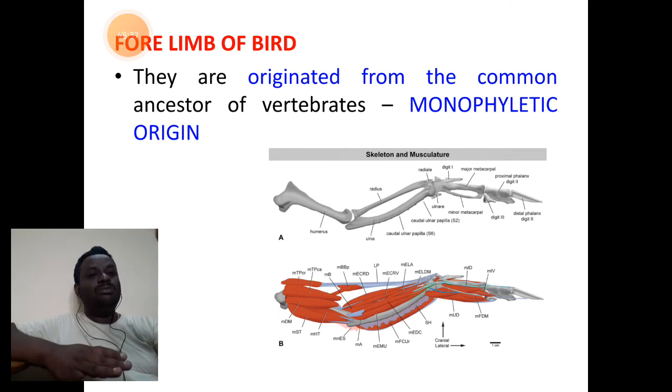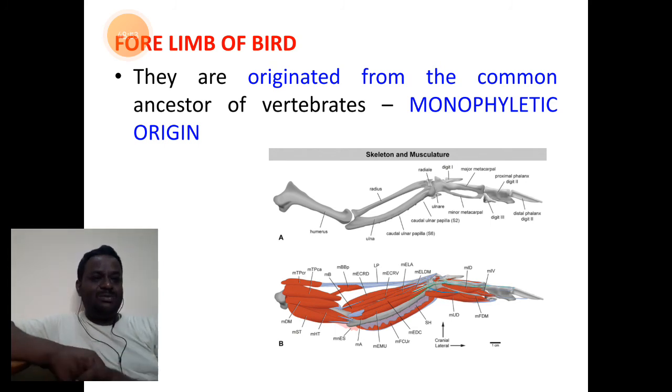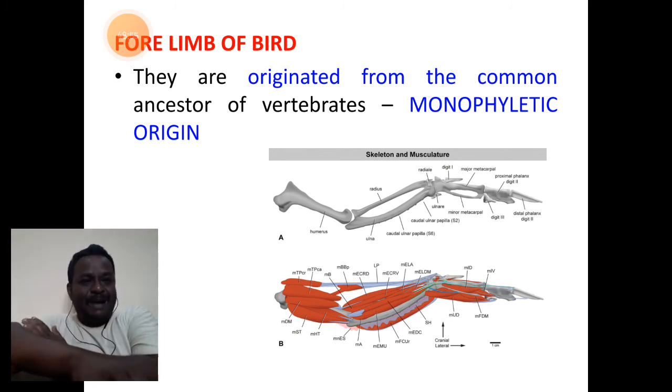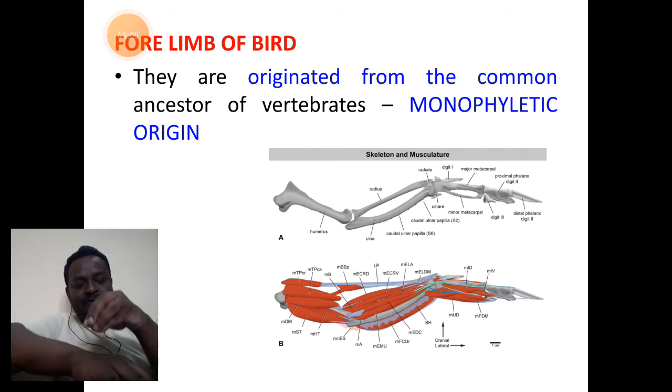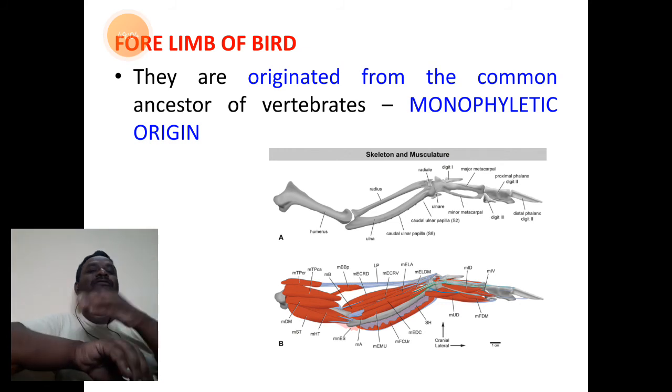Coming on to the next class of vertebrates, the birds, the aves. In aves also, they originate from a common ancestor of vertebrates, so it is monophyletic origin. When you look at the skeleton structure, they show humerus part, radio-ulnar part, then the number of carpals, metacarpals, phalanges slowly varies.